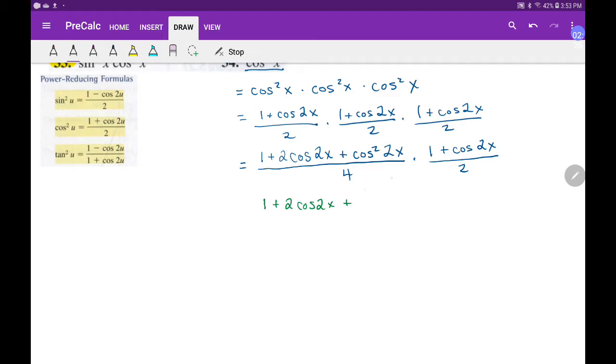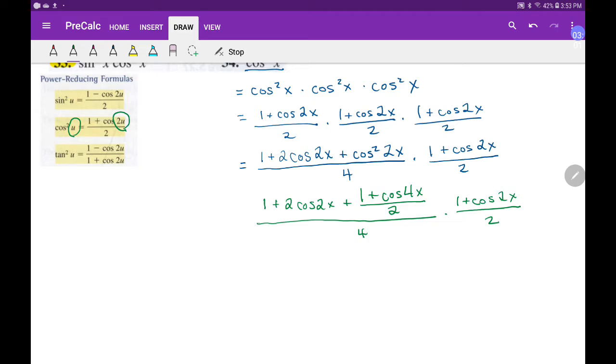Now remember, the cosine u right here, it has to be doubled inside, right? Okay, so if I'm getting away from 2x, cosine squared, I have to double that. Okay, so I'm going to say 1 plus cosine, now it's going to be 4x over 2. All over 4 times, well, this didn't go away, so it's still there.